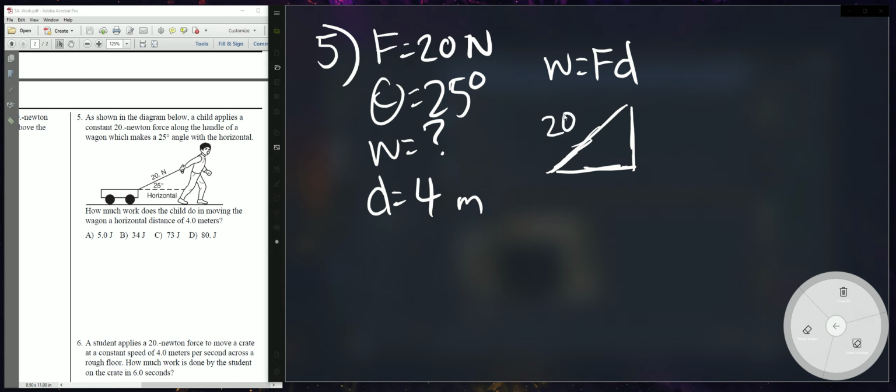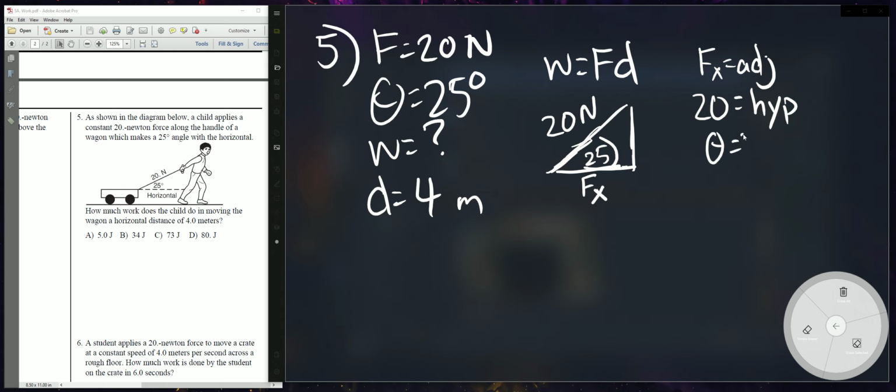And so if this is 20 newtons and this is 25, and we want the horizontal force here, which I'm going to call Fx, then we just use trig. Right? And since Fx is my adjacent, and 20 is my hypotenuse, and my angle is 25 degrees, well, we have adjacent and hypotenuse.